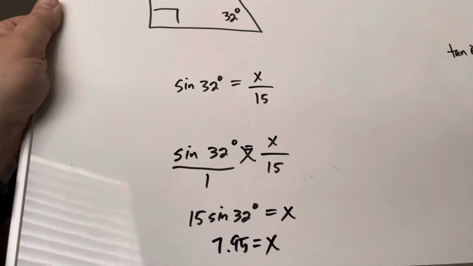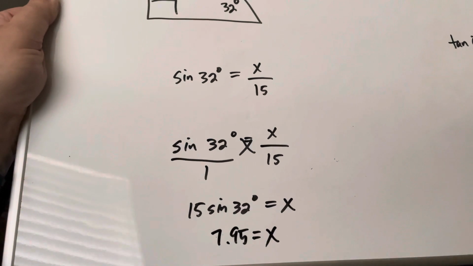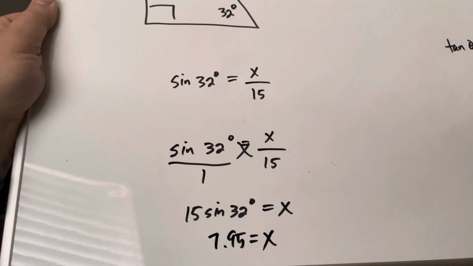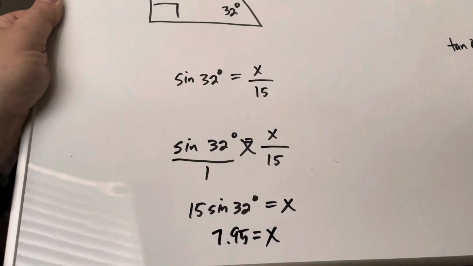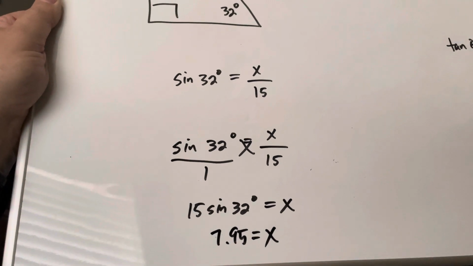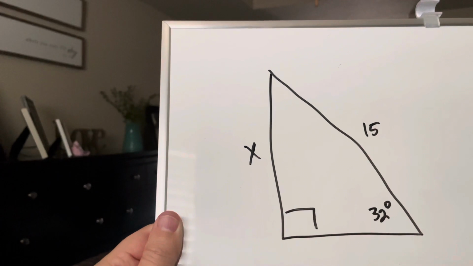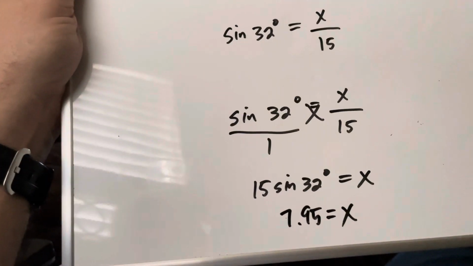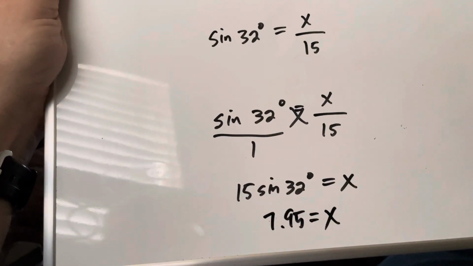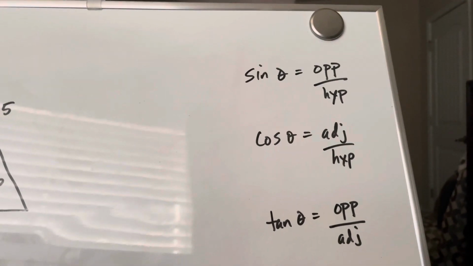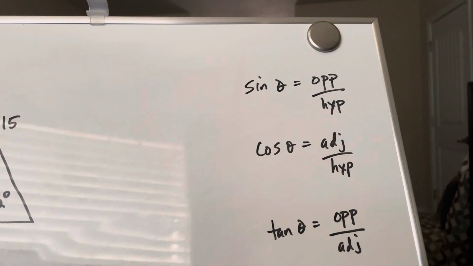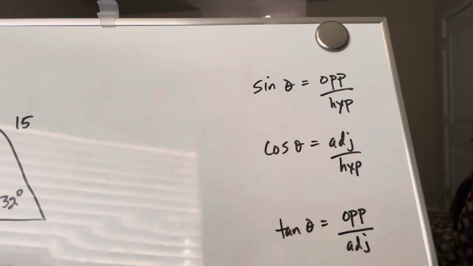So 15 times the sine of 32. So on your calculator, you would do the sine of 32 and then multiply that by 15, and that's going to be 7.95. So that means that this x value here is 7.95.